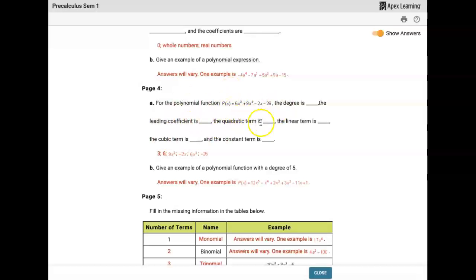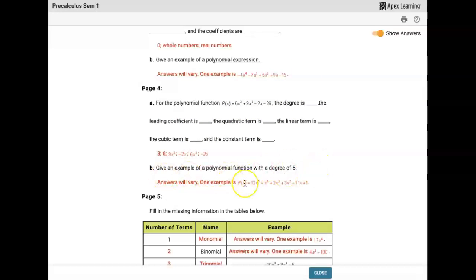The quadratic term is that x squared term, so it's that entire term, 9x squared. The linear term is that negative 2x, so that x to the first. The cubic term is that term to the third power, so 6x cubed, and then the constant term is that final one, that minus 26, right? That's just picking up on words and phrases and terms, okay?